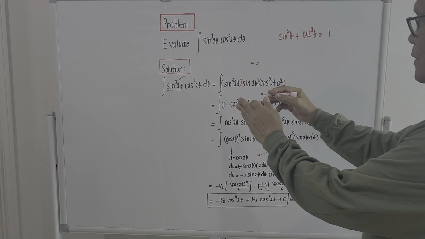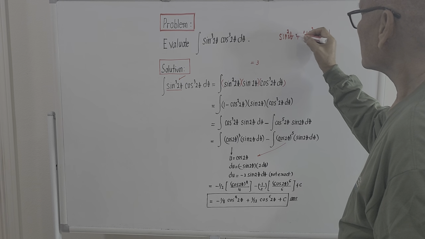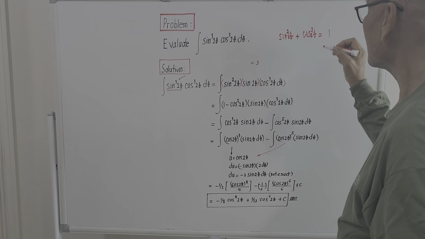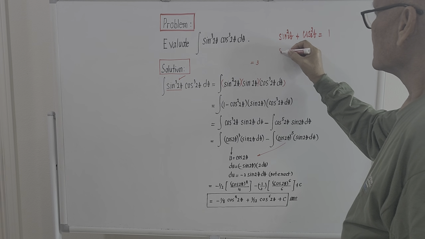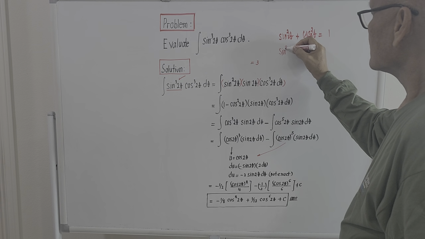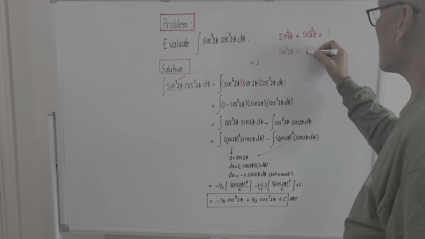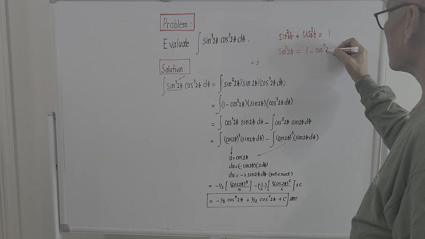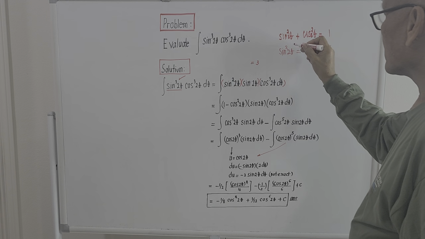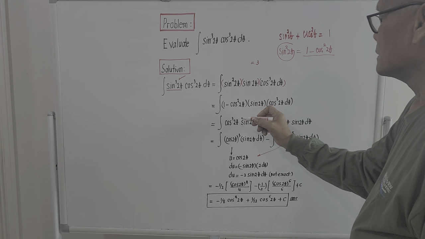But for the given problem, instead of just simply a single angle, this is twice theta, this is twice theta. So if we try to take the equivalent of this, sine square of 2 theta, the one given, should be equal to 1 minus cosine square of twice theta. So we will be replacing this one by this value here. We put it here.